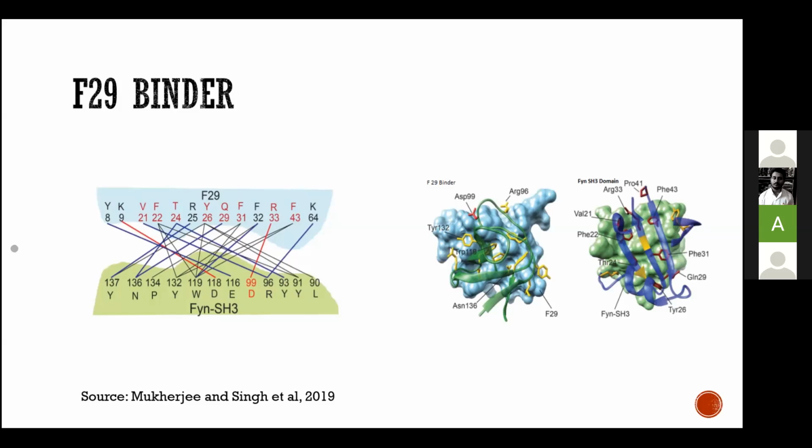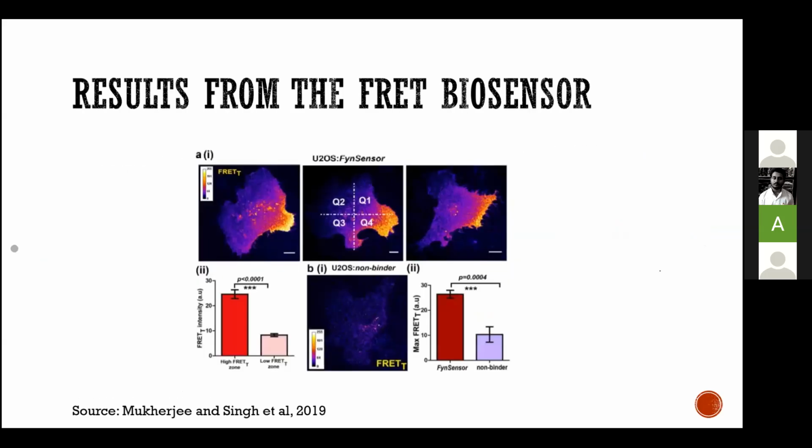So this was totally trial and error and permutation and combination maybe, and then they found one non-binder. That non-binder was used totally as a control, just to show that when the Fyn binder is not interacting with the Fyn SH3, it's not glowing at all. But when the Fyn sensor is actually attaching to the Fyn, it's showing its activity in the on state. So this was pretty much it.